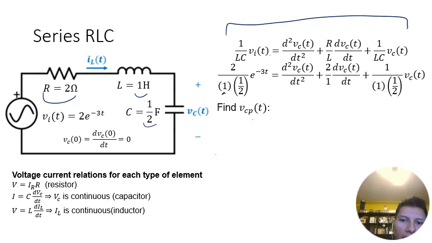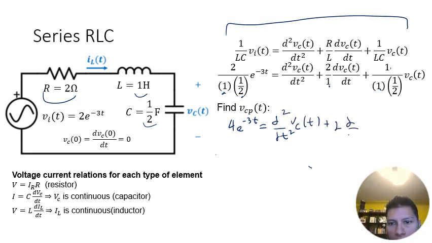So we plug in the 1/2 for the capacitor, and that gives us the differential equation: 4e^(-3t) equals d²/dt² VC(t) plus 2 d/dt VC(t) plus 2 VC(t). Okay, so that's our differential equation.